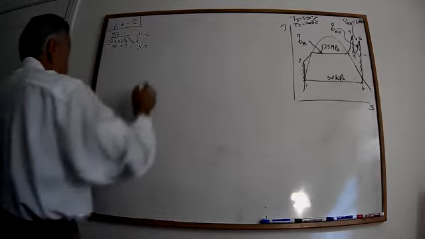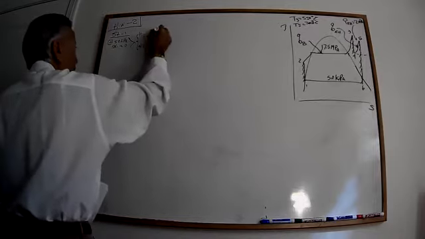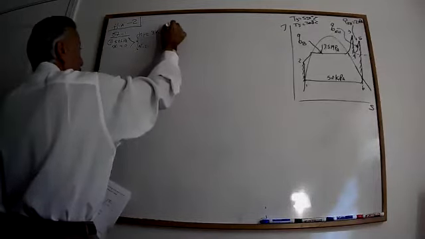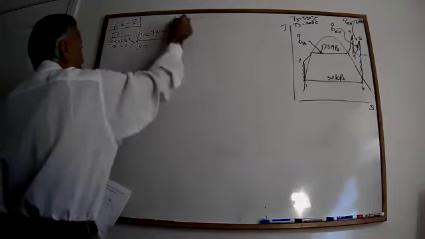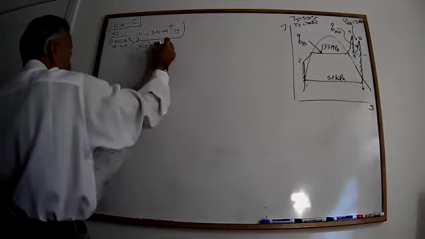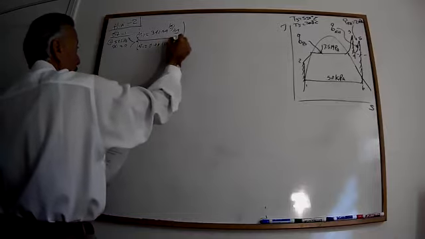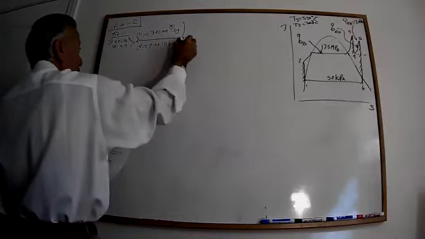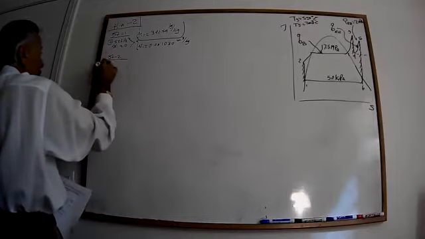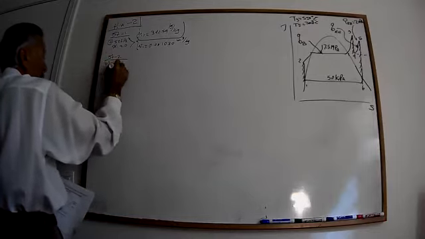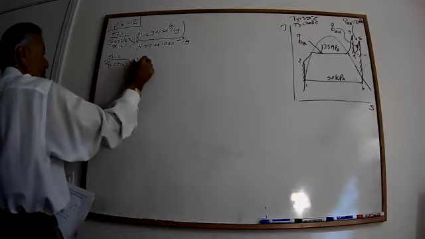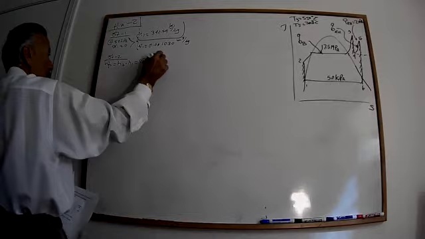H1 in this case is 340.54 kilojoule per kilogram, and V1 is 0.00103 meter cubed per kilogram. At state 2, we have work of the pump equal to H2 minus H1, which is the same as V1 times P2 minus P1.